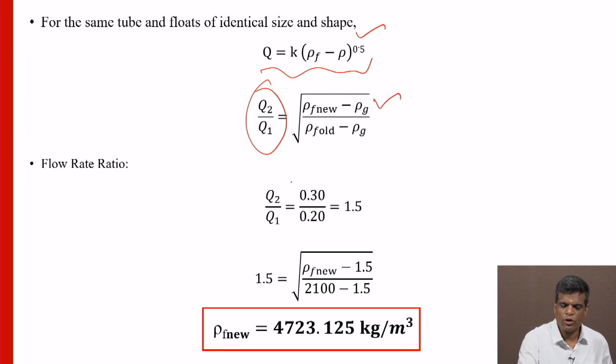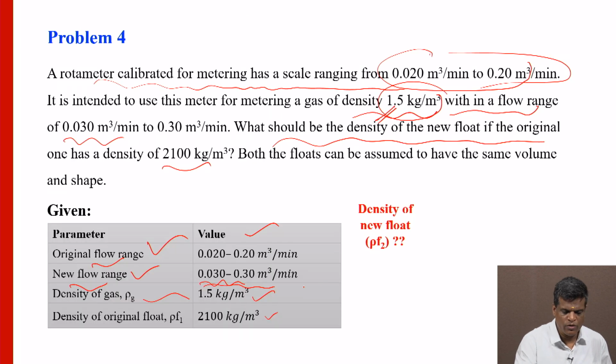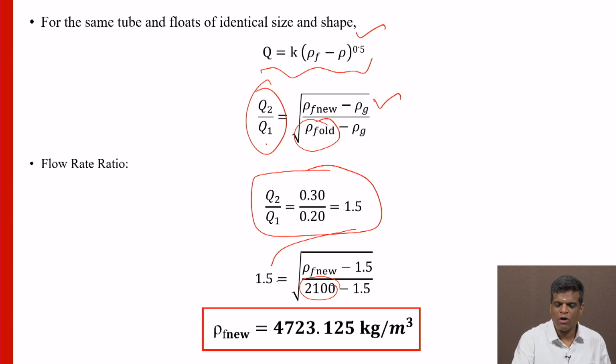So Q2 by Q1 is 1.5, and we know the density of the old float. Then we just calculate, and finally we get the density of the new float: 4723.125 kg per meter cube.